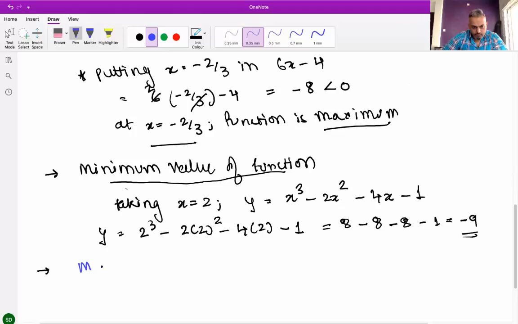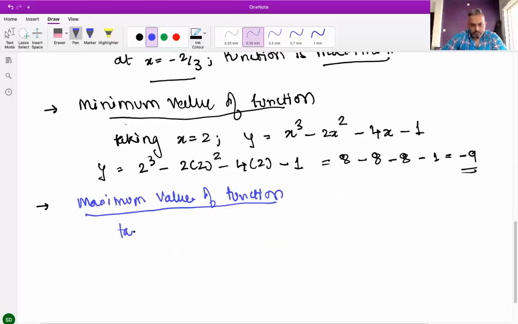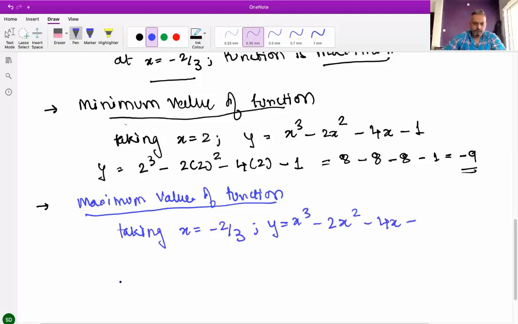Now the maximum value of the function, taking x is equal to minus 2 by 3. So y is equal to x cube minus 2x square minus 4x minus 1.